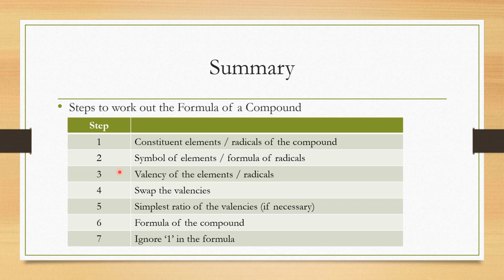In the next step, you write down the valency of the elements or the radicals. Then you swap the valencies, and in the next step, you determine the simplest ratio of the valencies if necessary. In the next step, you write down the formula of the compound and you ignore any subscript 1 in the formula.